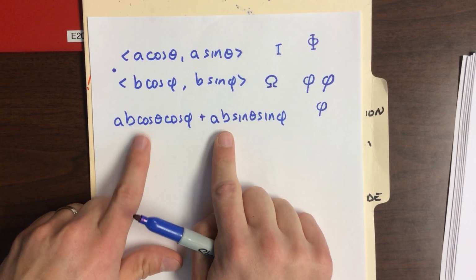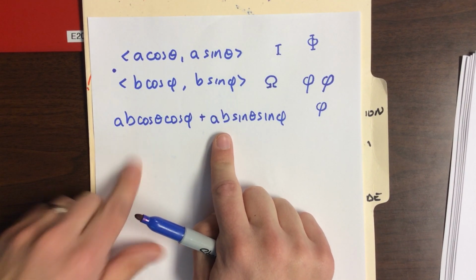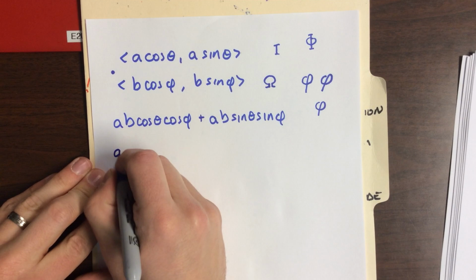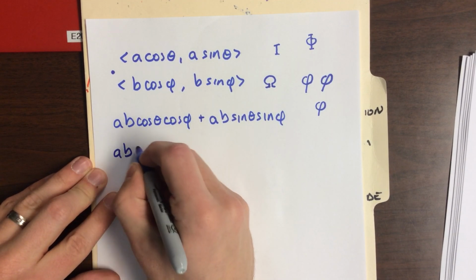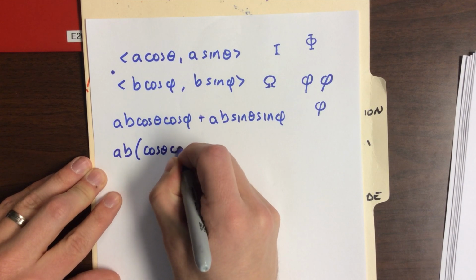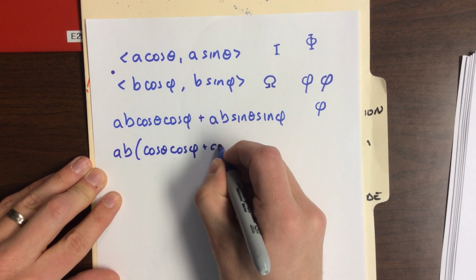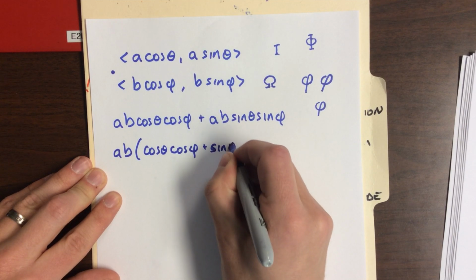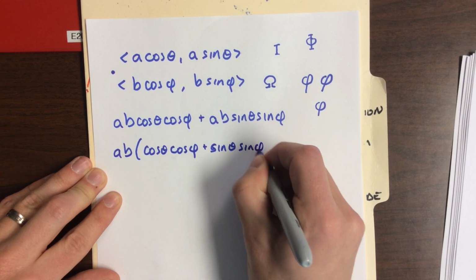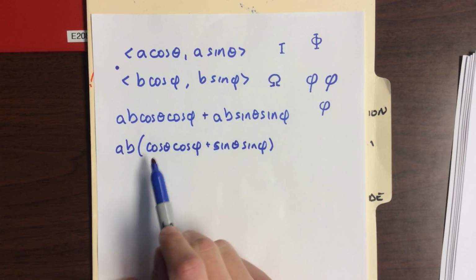Look at this! What's the same between these two? What if I have AB, that's going to be cosine theta, cosine phi, plus sine theta, sine phi. We know this thing!